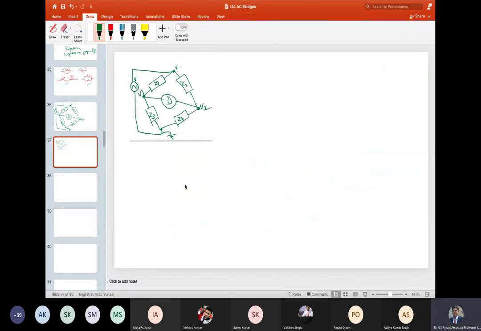The condition for balance, as usual, is Z1 by Z2 is equal to Z3 by Z4, right?